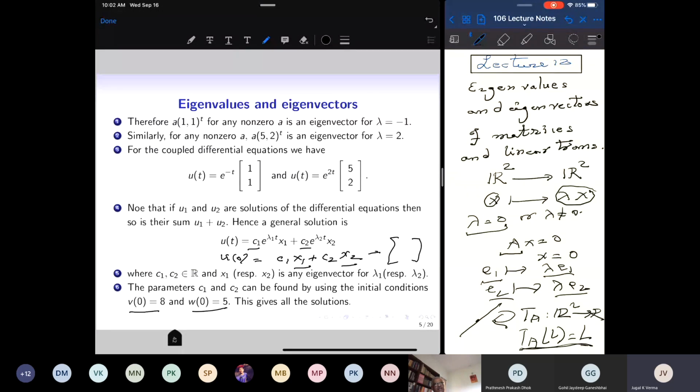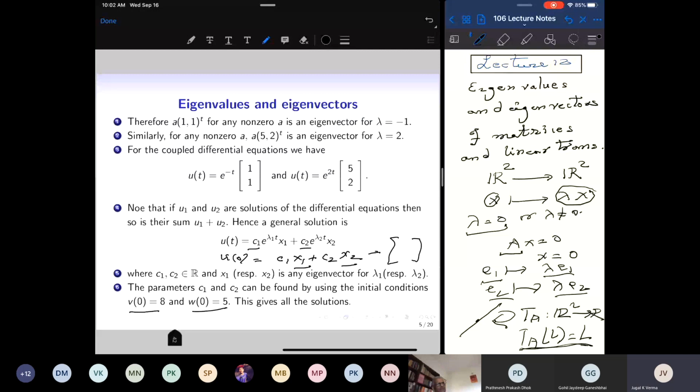But the catch is that when we find the characteristic polynomial, it's a degree n polynomial. So the problem remains a nonlinear problem. Finding eigenvalues and eigenvectors is a nonlinear problem, and it amounts to finding roots of a degree n polynomial.